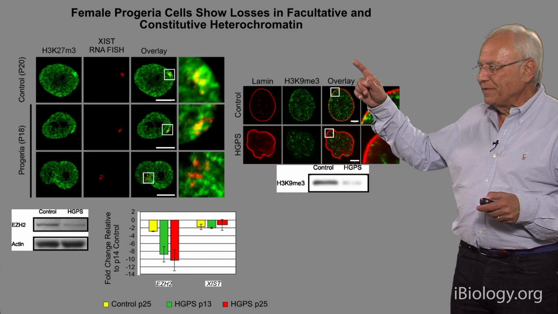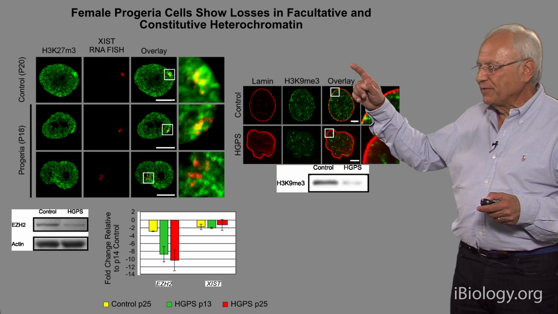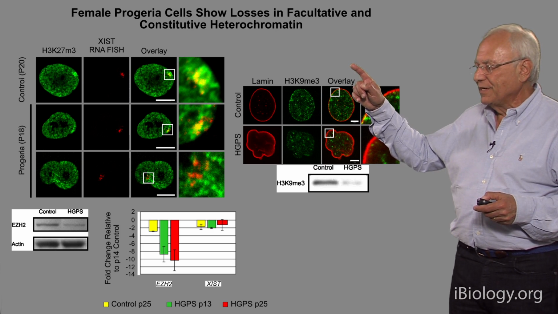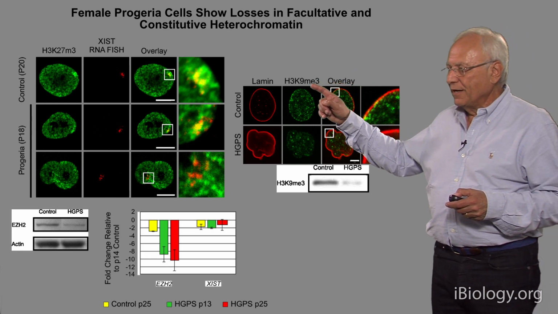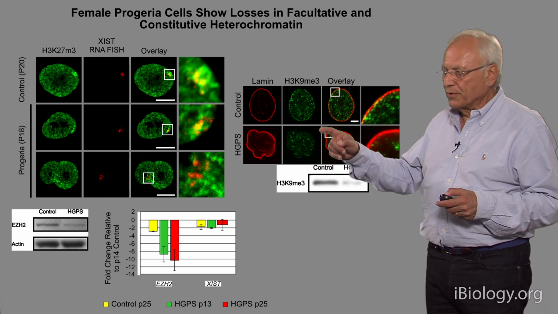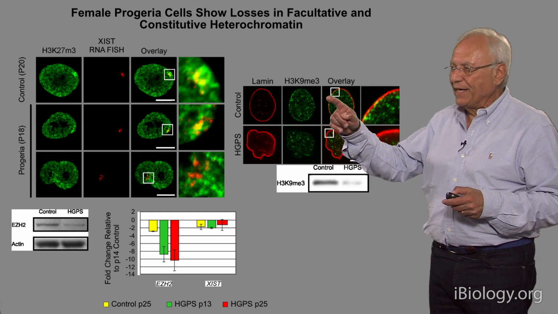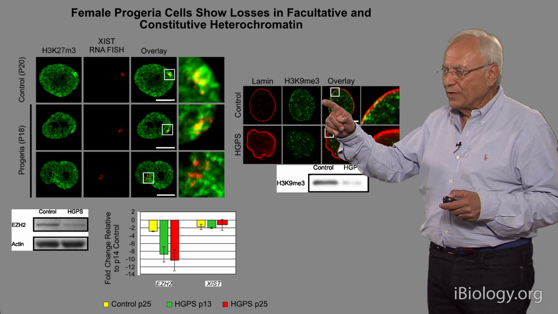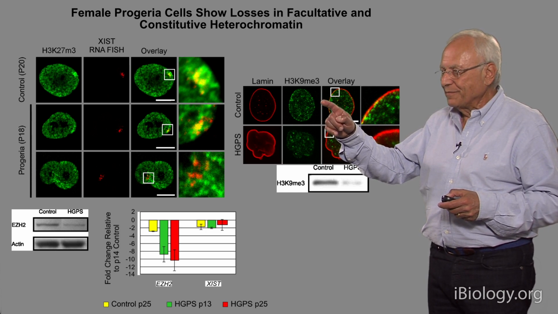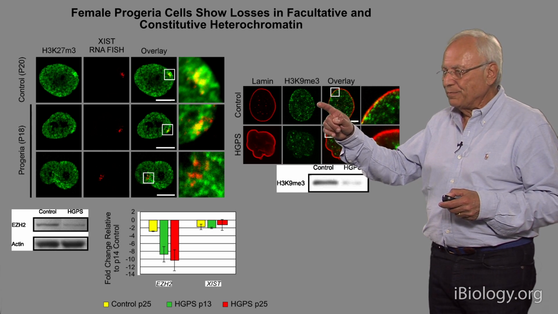So we turn to female cells, both normal female and progeria cells, to show losses in heterochromatin because of the presence of the inactive X chromosome, seen on the upper left panel stained with the histone mark, histone H3 lysine 27 trimethylated. And the same mark you can see disappearing as a function of passage number in progeria cells in the lower left two panels.